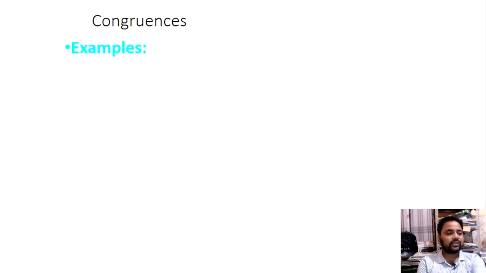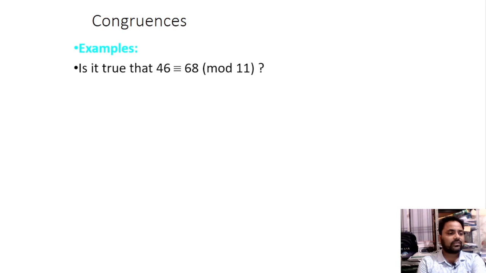Here for the congruences, we can see the example. Is it true that 46 is congruent to 68 modulo 11? So here we can say yes, because 11 divides 46 minus 68.